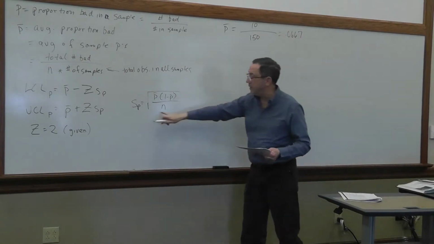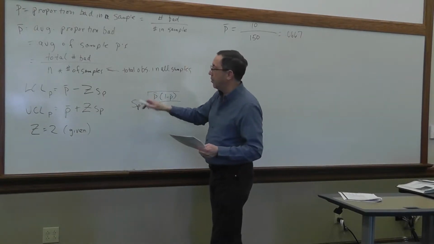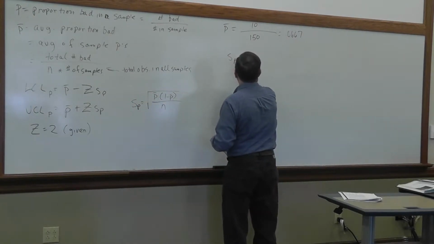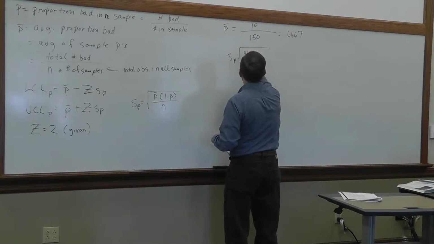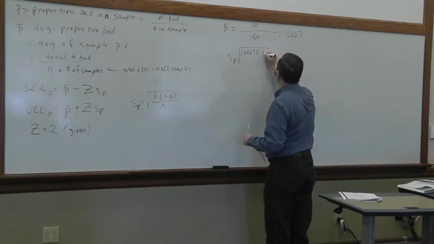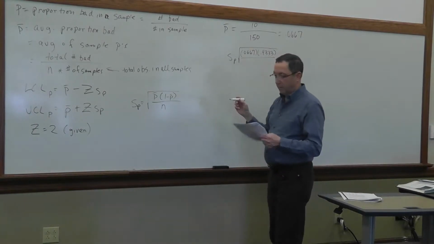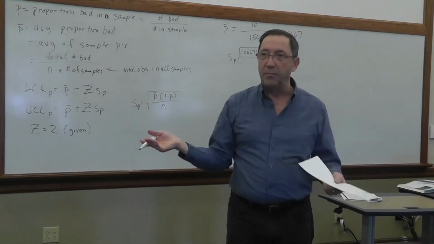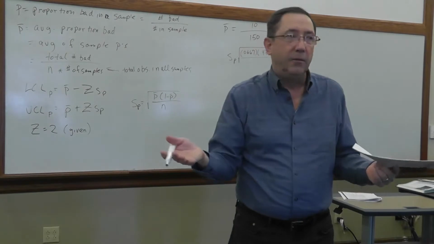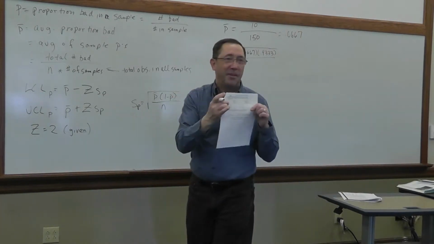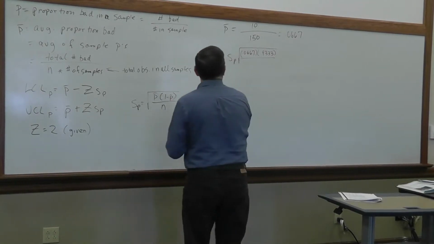Next thing I need is the standard deviation of P so that I can plug that into my control limits. Square root of 0.0667 times 1 minus that, 0.9333, divided by n. What is n in this problem? 15, the number in each sample. It says n at the top of the table, so no excuse for missing that one.